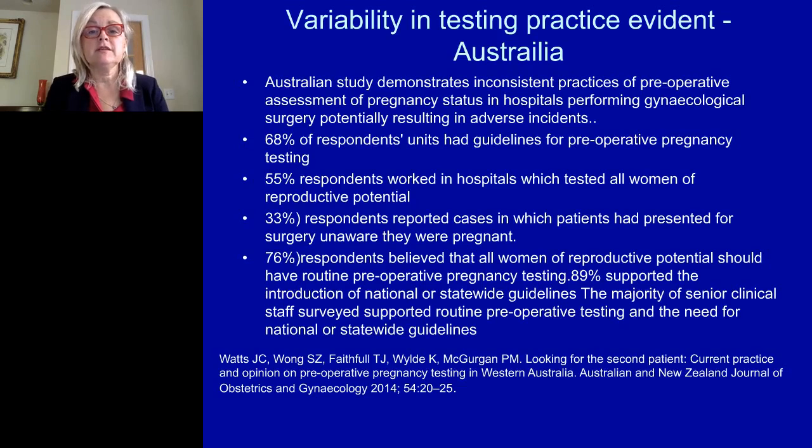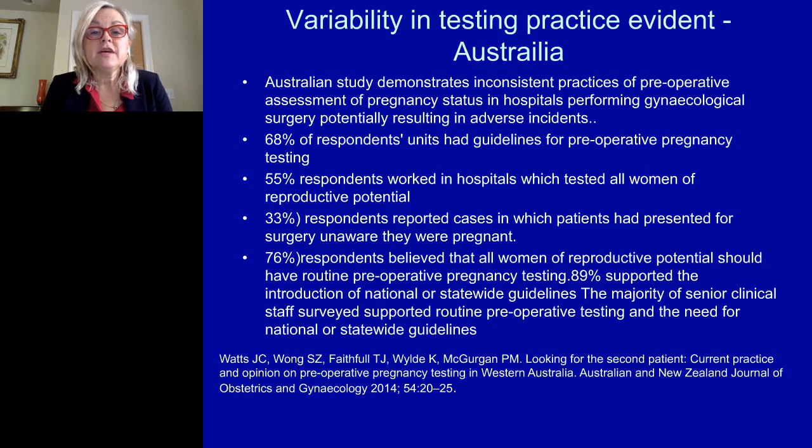So the Australian study demonstrates very inconsistent practices of preoperative assessment of pregnancy status in hospitals performing, in this case, surgery, which could potentially result in adverse incidents for the pregnancy.